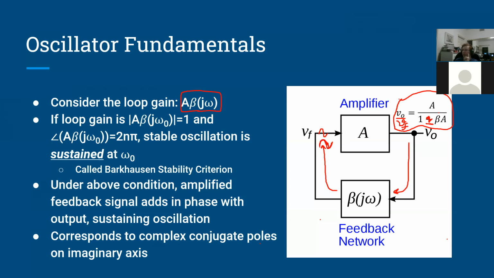And if the phase is equal to the input phase, then they'll add in phase, so they'll add constructively. And that'll reinforce the input. It'll make the input bigger. And then when that signal goes around the loop again, and it adds up in phase, it'll make the input even bigger. And you can see what's going to happen. The input's going to get bigger and bigger. The output is going to get bigger and bigger. And eventually, things are going to explode, right?